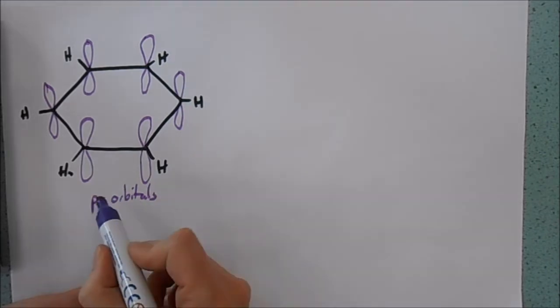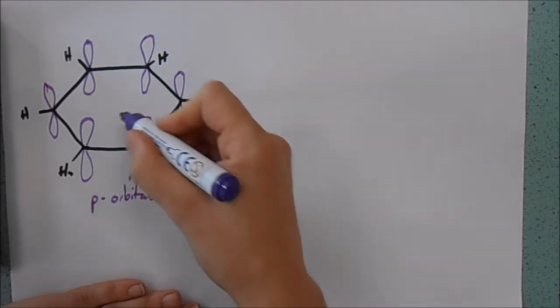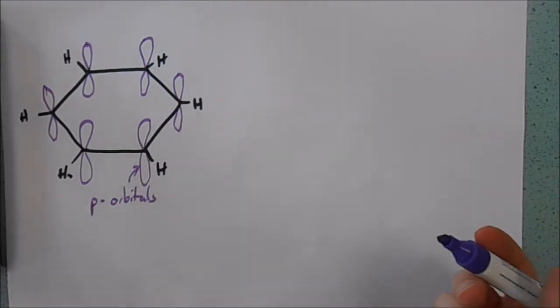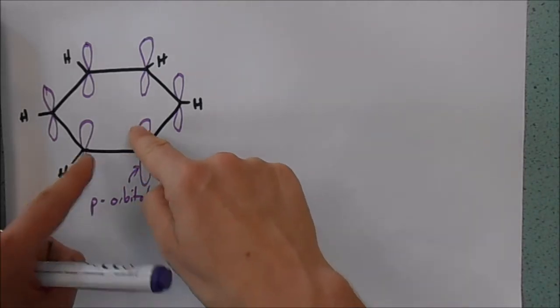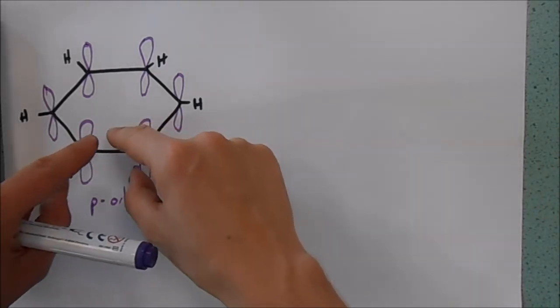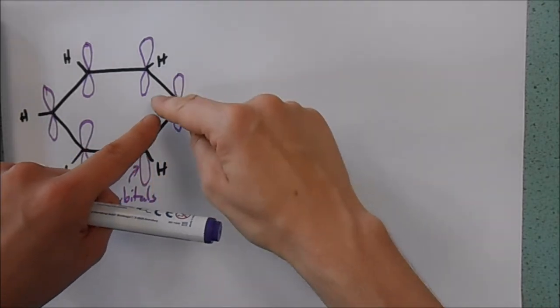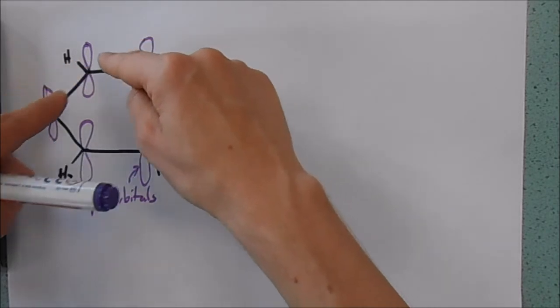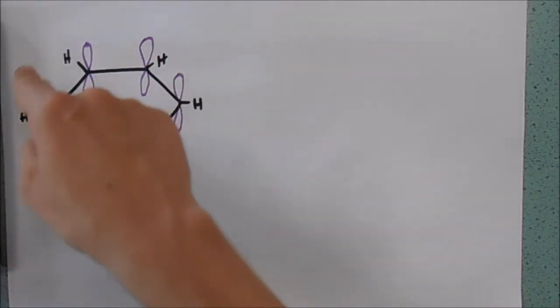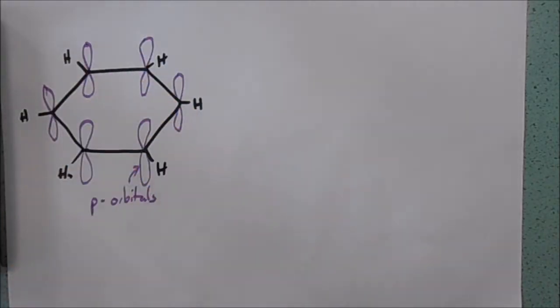You can see that all these 6 p orbitals have an electron each. But if these 2 overlap sideways, surely these 2 could overlap sideways, and these 2, and these 2. So why couldn't they all overlap sideways?